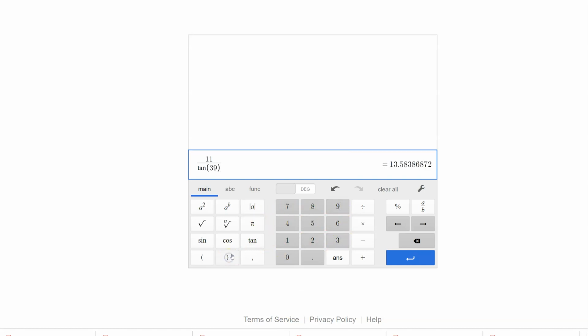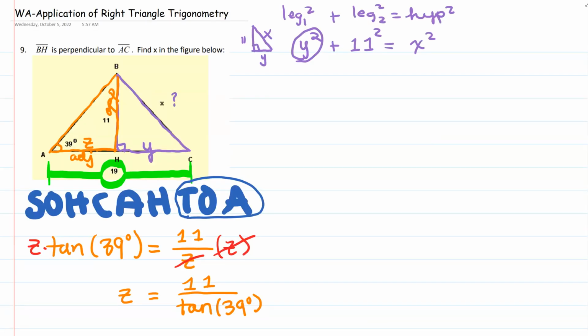And then you can see your answer right there, and that is 13.584. So 13.584 is Z. Let's go back to our problem here.